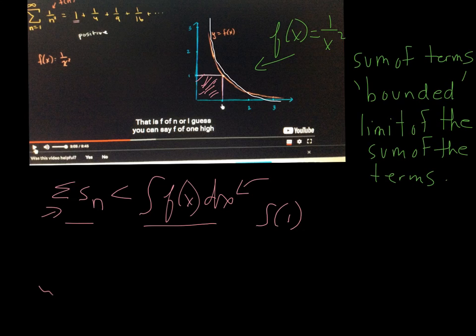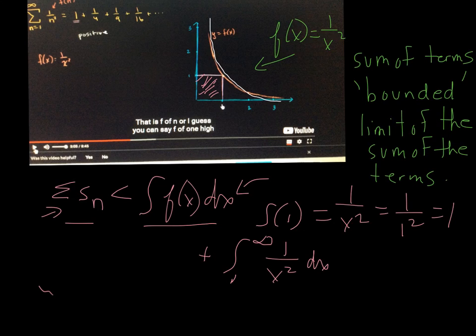You just substitute 1 into the formula 1 over x squared. The other part is the rest of the area under the curve, which is the integral from 1 to infinity. We can't integrate from 0 to infinity, so from 1 to infinity we integrate that curve and get the rest of the area.